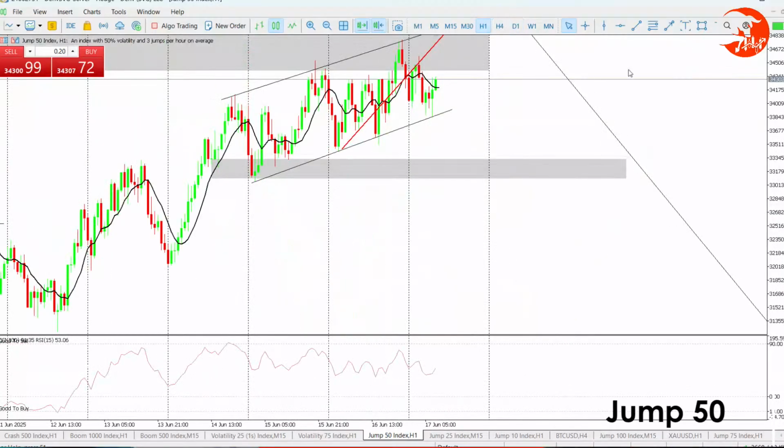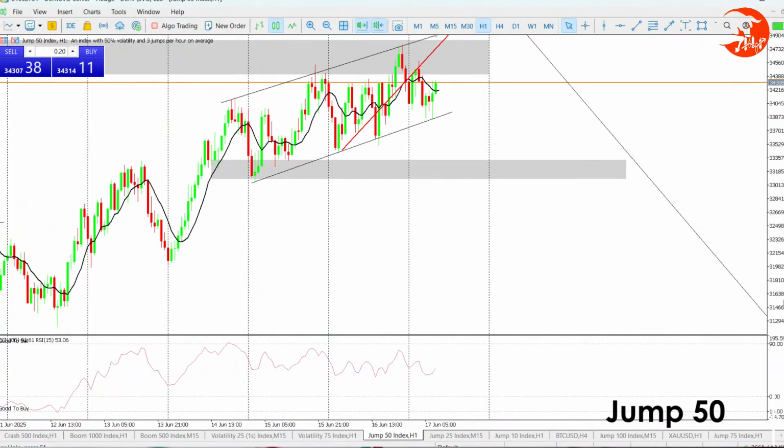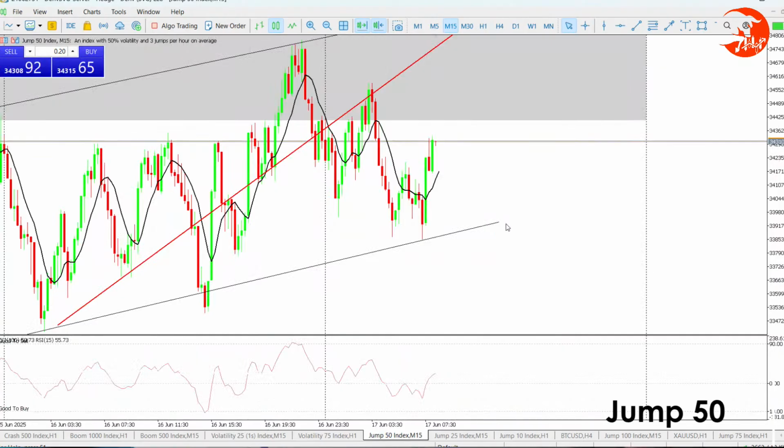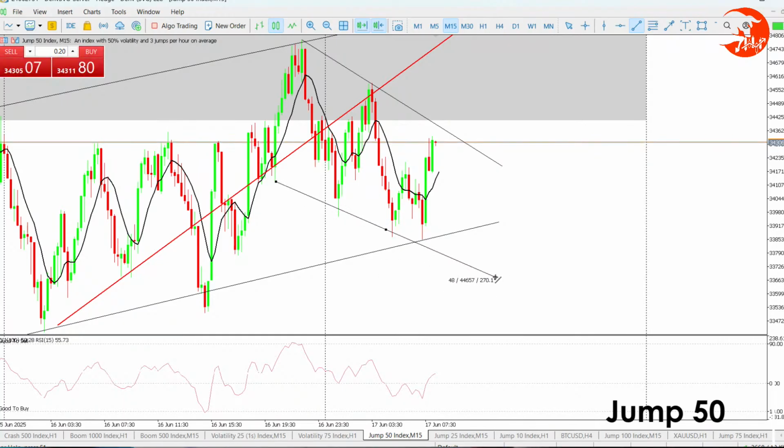So for now, get back to H1. Look at what we have. Price is above our 10 MA, but we have a structure that can be clear even on M15. This is a structure. Always use current data, not previous data, when you are using trend lines.